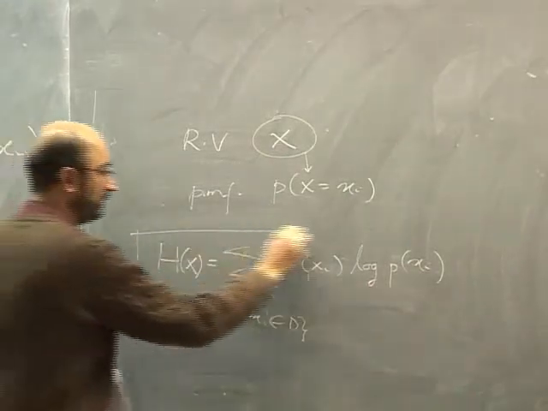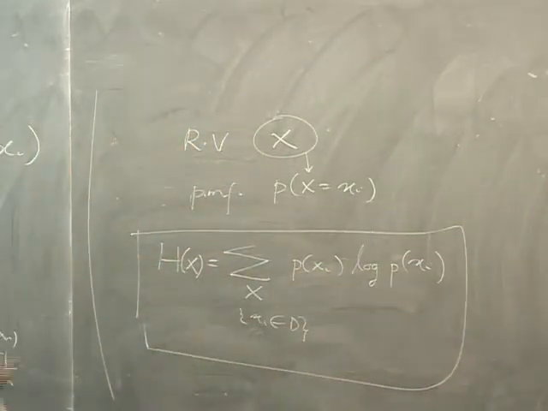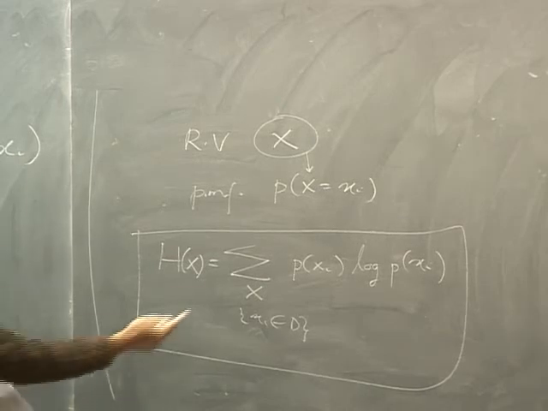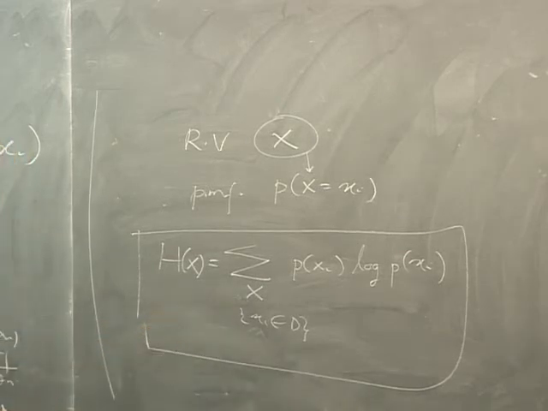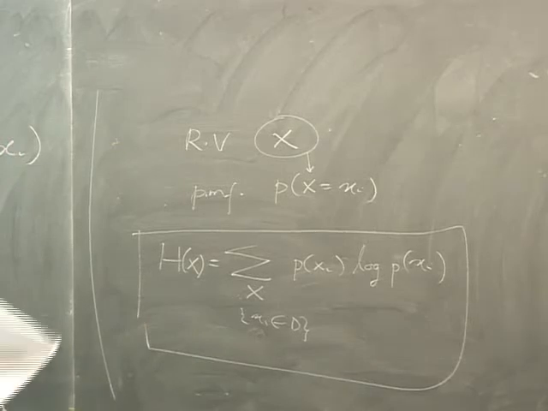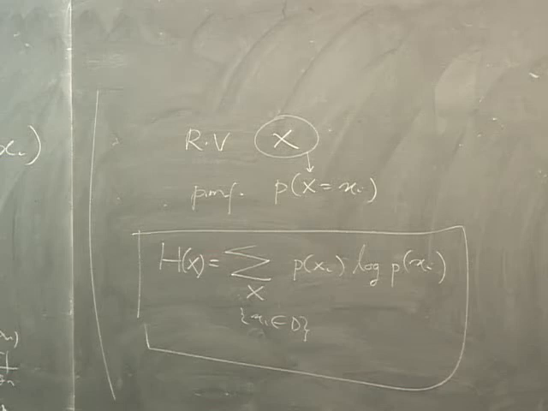This is the standard definition that you will find in any textbook on information theory, where the sum over x is a shorthand for the sum over all the discrete values in the domain of the random variable X.